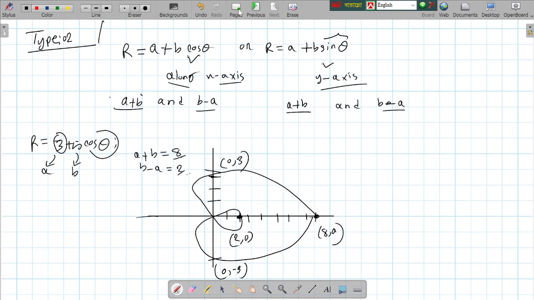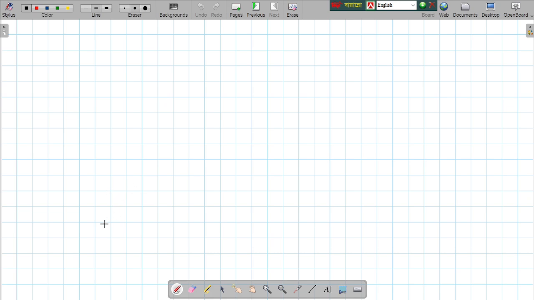So let's start the next example. r equals 2 minus 5 sin theta. As it's a sin function, it indicates that the graph lies on the y-axis, and this is a, this is b, minus 5, and a is 2.